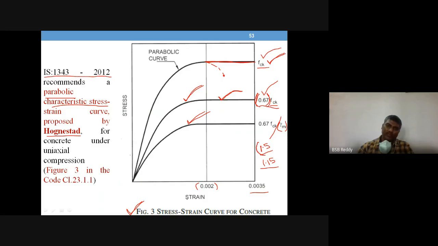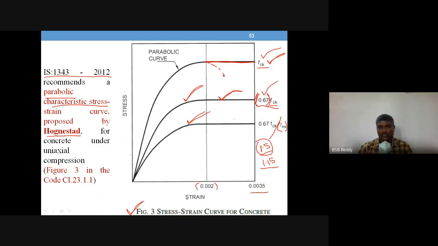So for concrete, we'll be using 1.5, so that you get 0.67 divided by 1.5, which comes to a value of 0.447. Okay, so or 0.45 FCK. You can just take that as 0.45 FCK. So that is called the design stress strain curve for concrete.